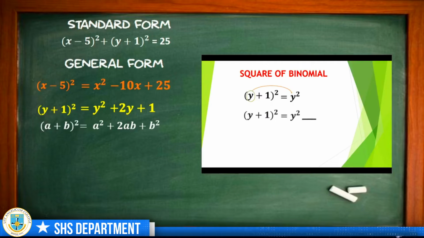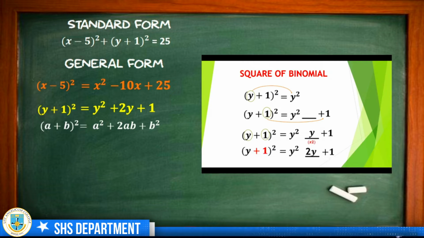Then square of 1, so that will give us 1. Then getting the product of y times 1, so that will give us y. Then double the result times 2, so that will give us a middle term of 2y. And since the given is plus, the sign of the middle term is positive.